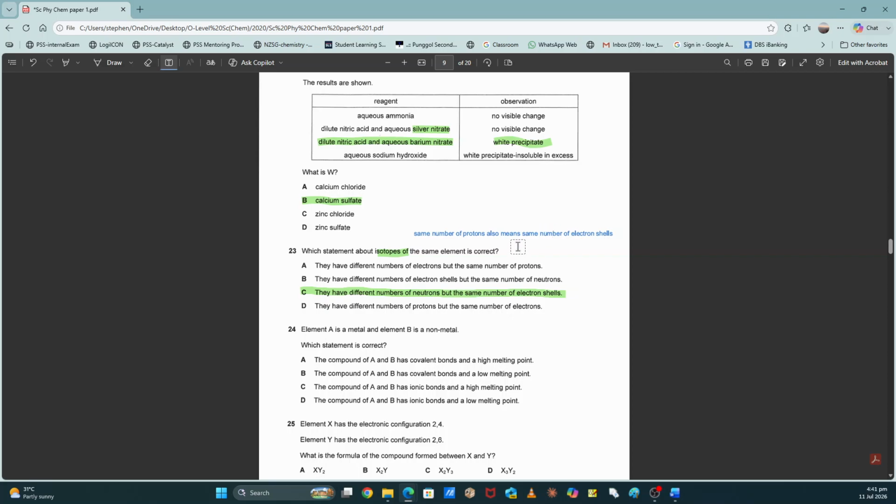For example, let's say we have a proton number of 11. So if this proton number is 11, it's 2, 8, 1, sodium, right? So for isotope 1. For isotope 2, it's the same. The protons should be the same number of protons. This is for isotope 2.